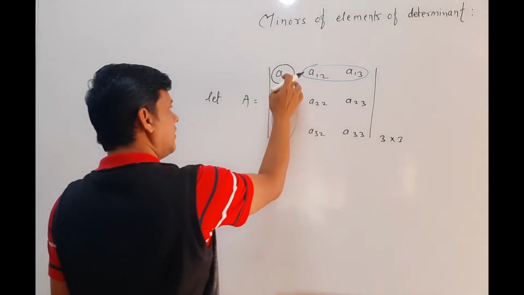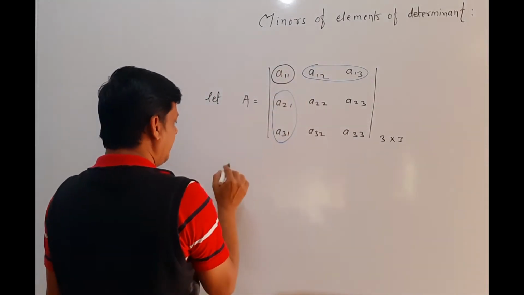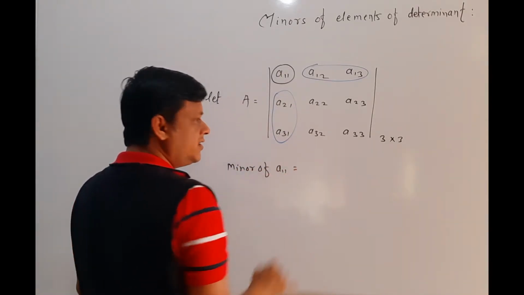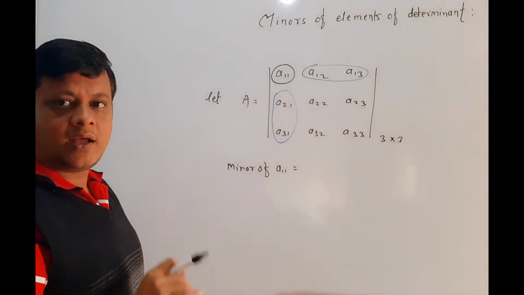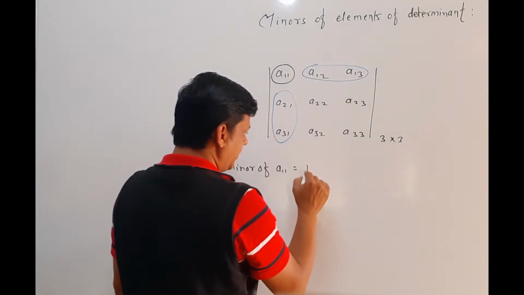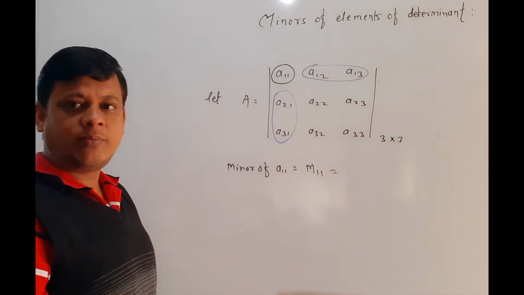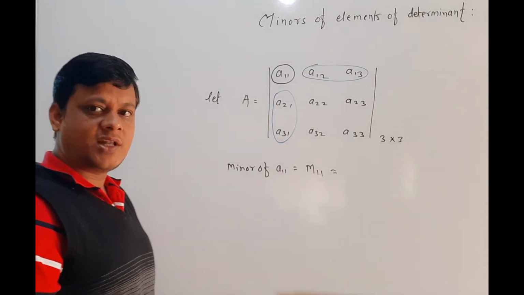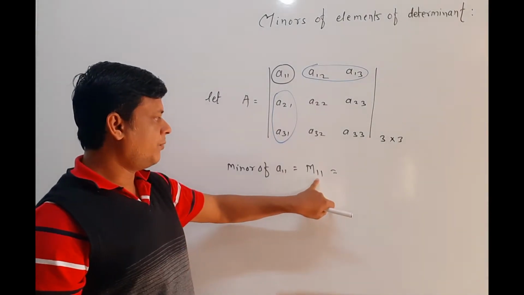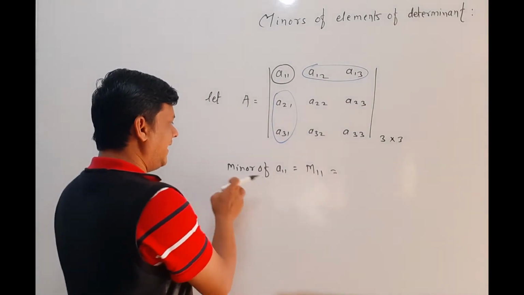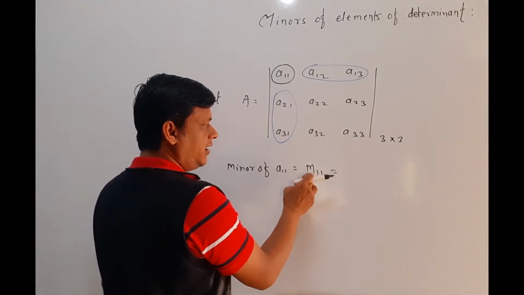That means we find the minor of a11. Generally minors are denoted by capital letter M, so we write here M11. This 11 represents the position of that element. In the previous lecture we discussed how to write the position of an element. So here the minor of a11 we write as M11.